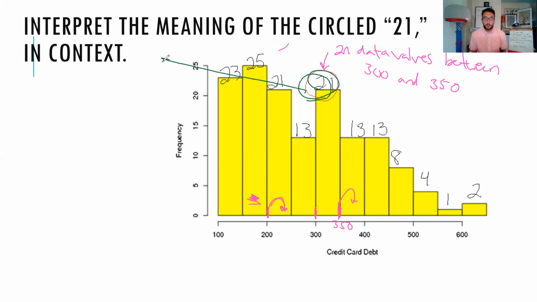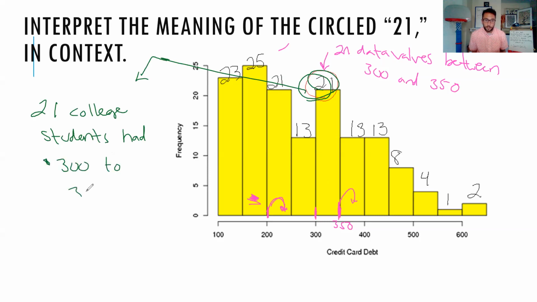So this 21 over here tells us that 21 students, but let's be even more specific, 21 college students had $300 to $350. And we don't want to just say of debt, like car debt? I don't know.